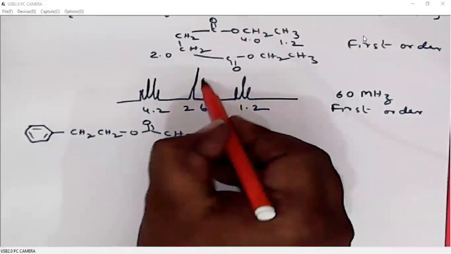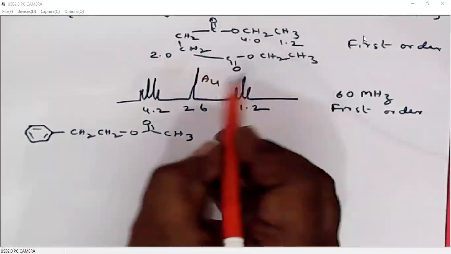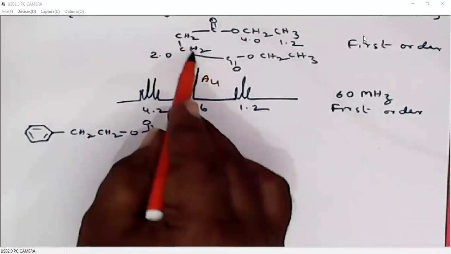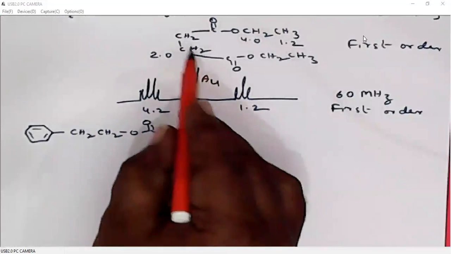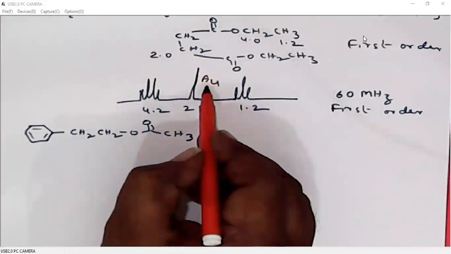See, this is an A4 type peak. Because these two are chemically equivalent, they don't split each other, they will give a single signal, and we don't expect any multiplicity. They don't split each other. So it is an A4 type: 2 protons here, 2 protons here.